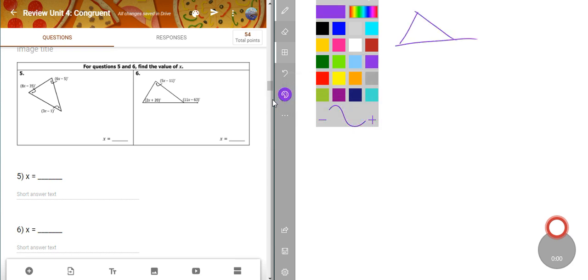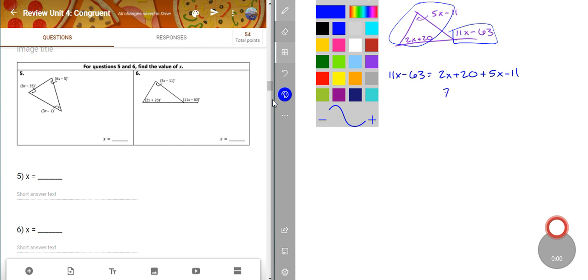Now we've got an exterior angle. Exterior is 11x minus 63. Interior 5x minus 11. Interior 2x plus 20. So we know our rule states that the sum of those two interior angles will equal the exterior. So 11x minus 63 is equal to 2x plus 20 plus 5x minus 11.